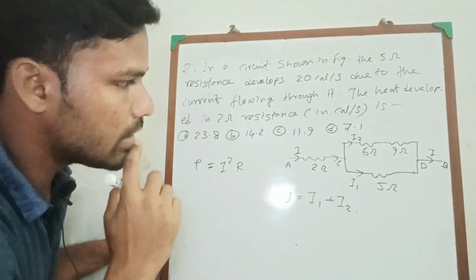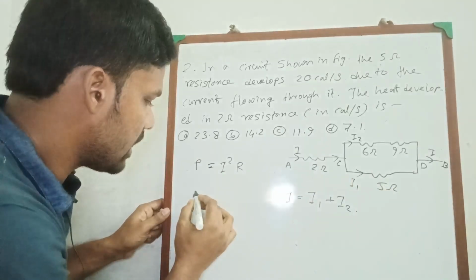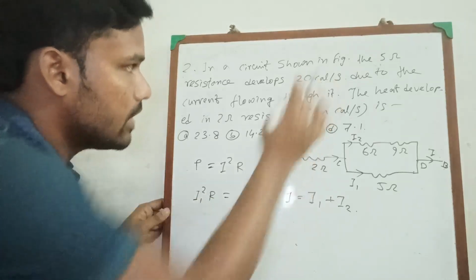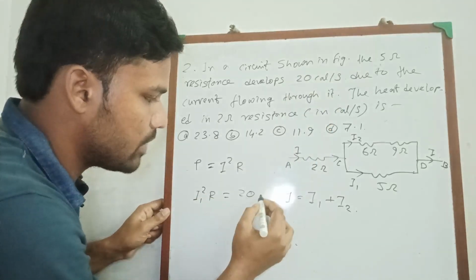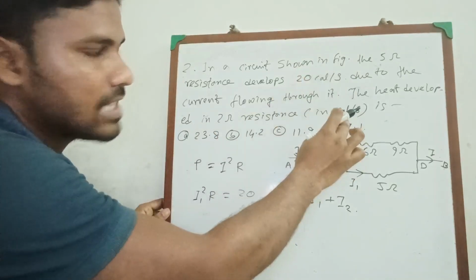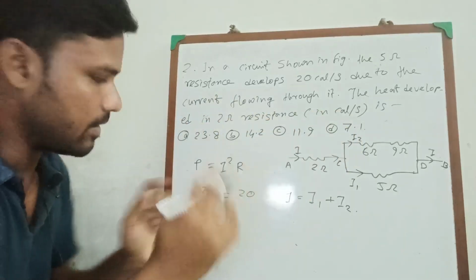So how can we get it? This power is given here, that means I1 square into R is given as 20 calorie per second. This unit and this unit are the same, so you do not need to change any unit here.